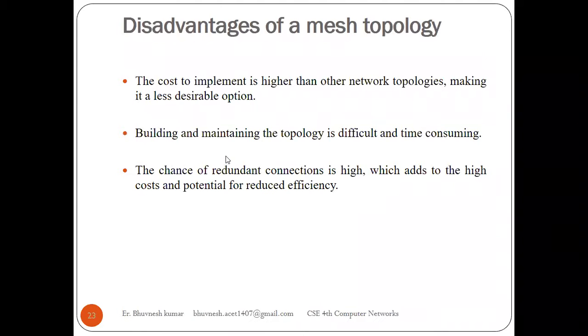A disadvantage of your mesh topology is that the cost of implementation is higher than other network topologies, making it a less desirable option. The cost will be maximum because we have to connect each and every PC with a cable. Building and maintaining the topology is difficult and time consuming. More cables are there, so maintenance will also take more time.